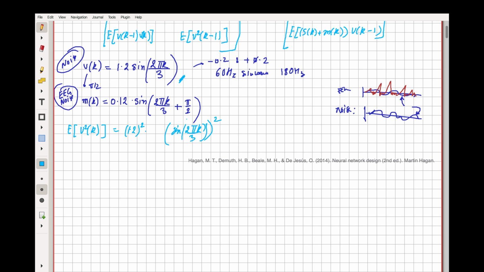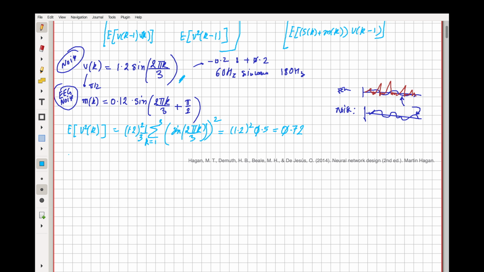Remember that because this is a wave, we need to sum it over an interval, so 3 cycles, therefore k is equal to 1 to 3. The expected value is the average, so we have to divide by the total, which is 3. Here we have the sum, and here we are trying to get the average. So this comes out to 1.2 squared times 0.5, which is equal to 0.72.